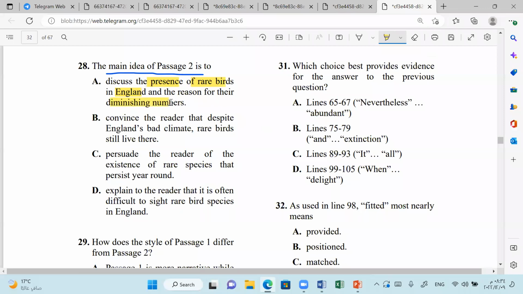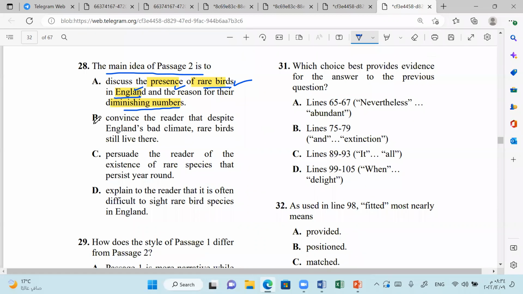I don't know if this is right or wrong, but I know what presence means: rare birds, exotic birds in England, which is Britain. So A seems to be a good answer, but this last part I have no idea about.